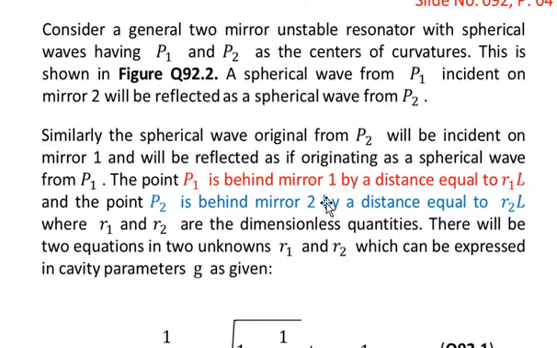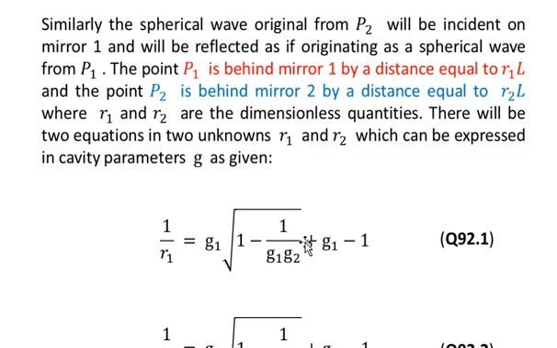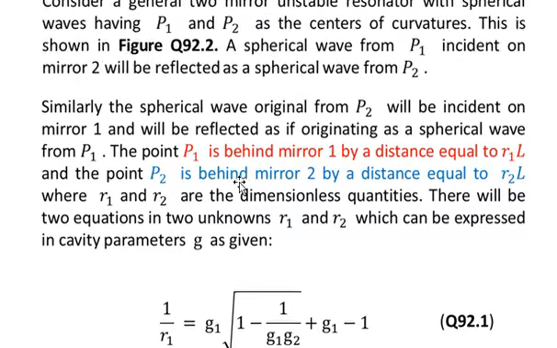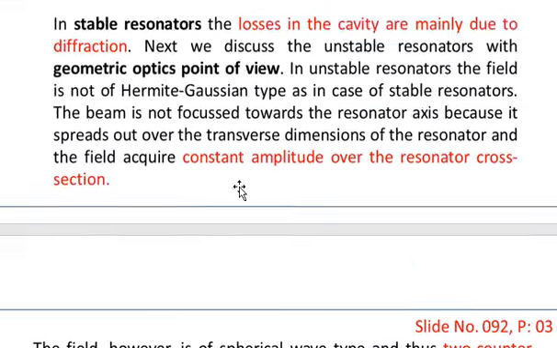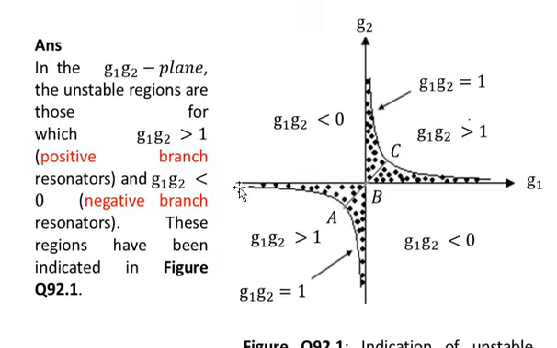The point P1 is behind mirror 1 by a distance equal to R1L, and the point P2 is behind mirror 2 by a distance equal to R2L, where R1 and R2 are dimensionless quantities. There will be two equations in two unknowns, R1 and R2, which can be expressed in the cavity parameters G1 and G2, which we have drawn in figure number 1.